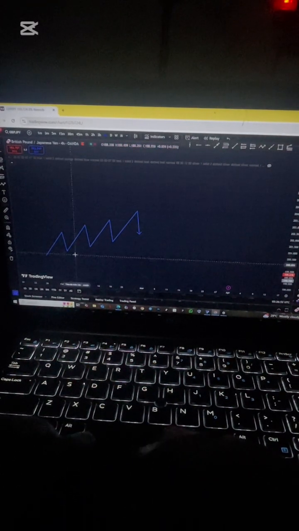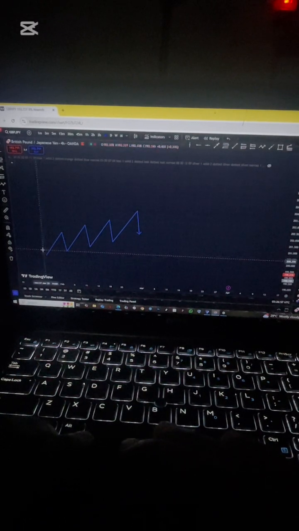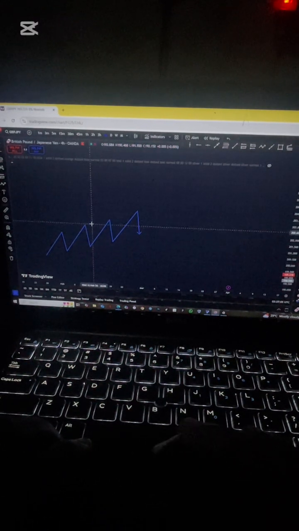So for instance, let me say the market wants to move from here to here. The market won't just move like this. The market always moves in this pattern. This is the correct pattern of the market. This is the correct movement of the market. So if you want to take advantage of this movement, you always wait for the pullback.